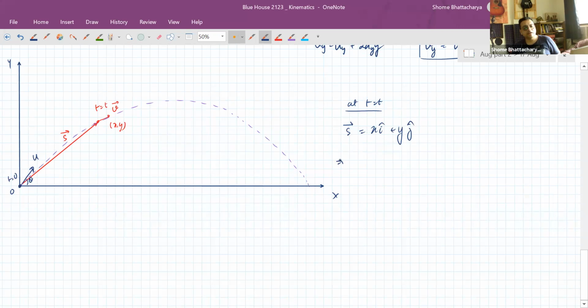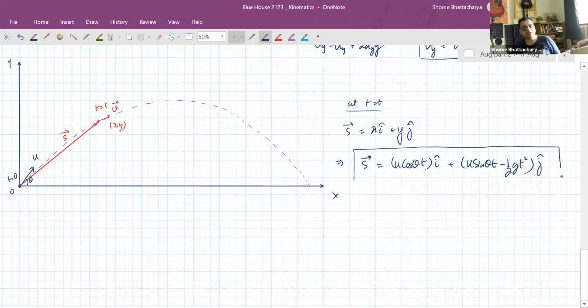So the formula that we have for that is like this now. X, remember, was u cos theta into t because it's moving with a uniform velocity along the x-axis. But the y component of displacement is u sine theta t minus half gt square because it has a uniform acceleration of minus g along the y-axis.